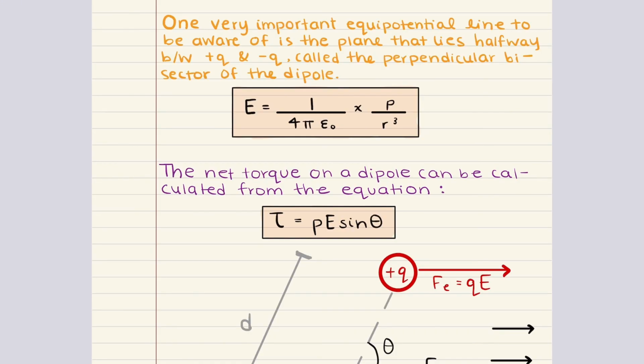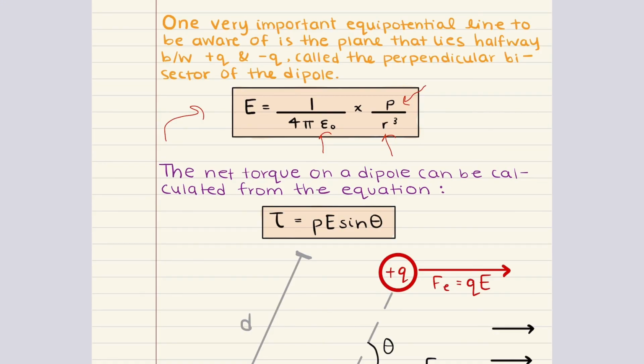In fact, the magnitude of the electric field at any point along this plane can be approximated using this equation right here. E is equal to 1 over 4 pi epsilon naught multiplied by P over R cubed. P is the dipole moment, R is the distance from the center of the dipole, and epsilon naught is the permittivity of free space.